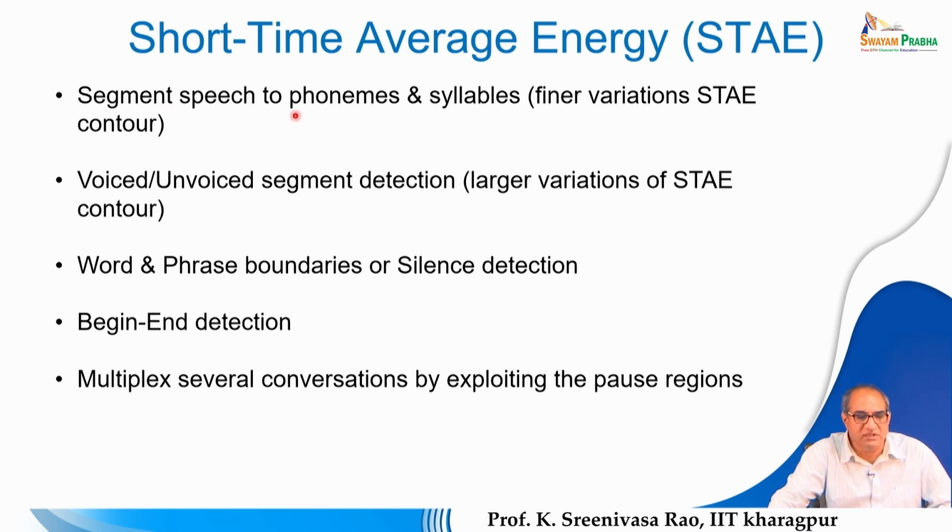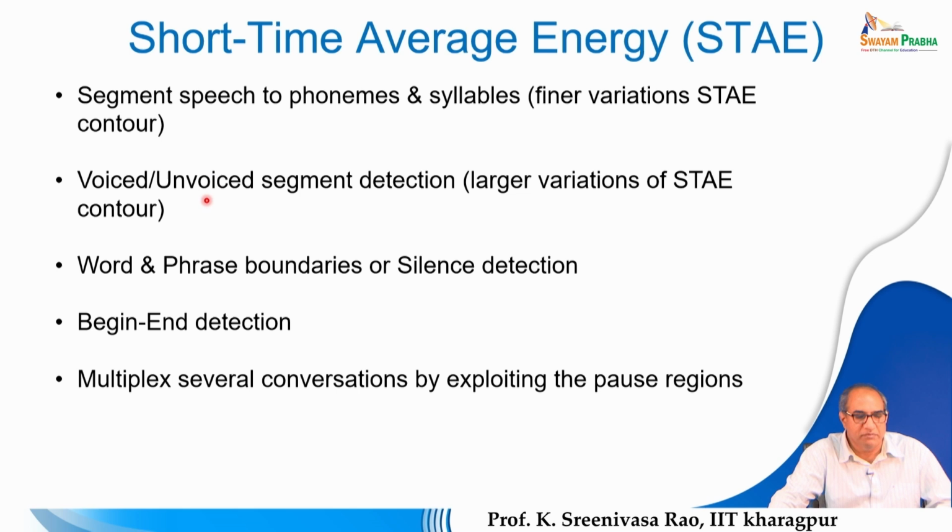Here the sound units are either syllables or phonemes. So you can split the speech signal into phonemes and syllables, based on the finer variations in the short term average energy.